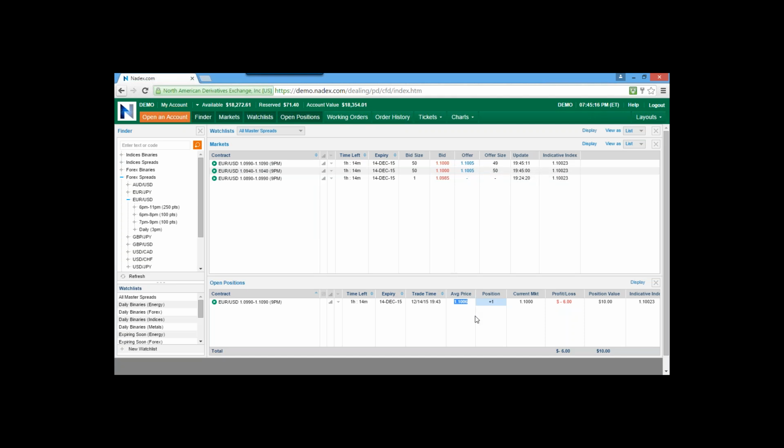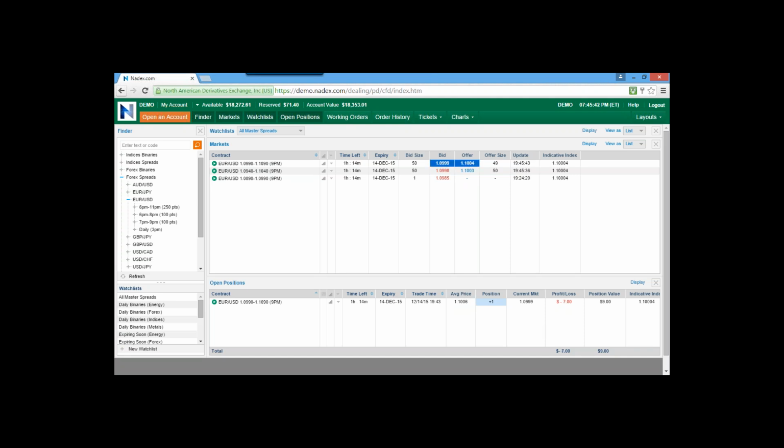Well, if I want to get out of it early, if I buy something, how do I get out of it? I got to sell it, right? What can I sell this spread for right now? I can sell it for this listed price right here, right? So check it out.